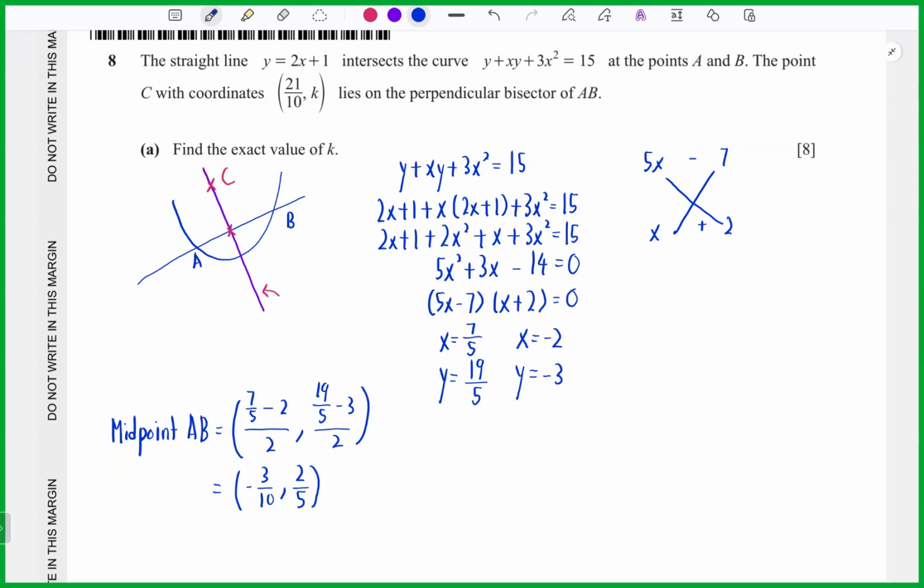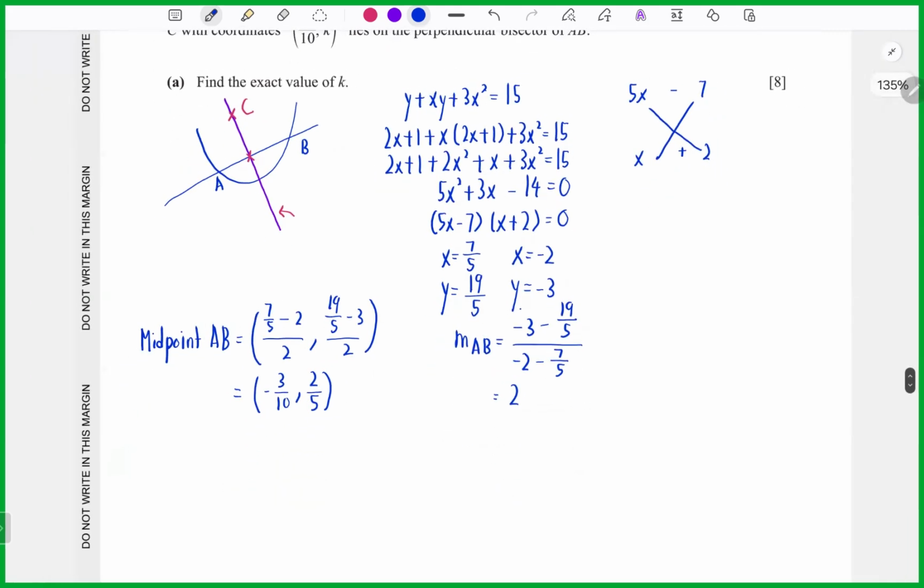So now we can try to find the gradient of AB. Gradient AB is negative 3 minus 19 over 5, over negative 2 minus 7 over 5, which equals 2.